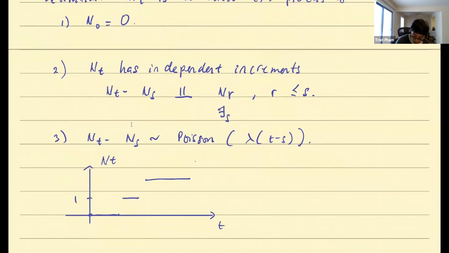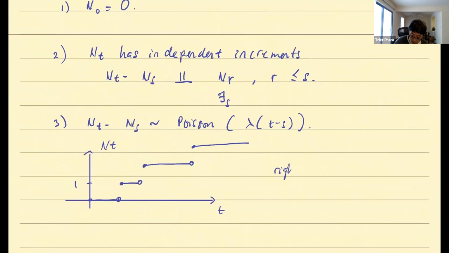And then so on. And the convention is the value is after the jump. So this is right continuous with left limit.